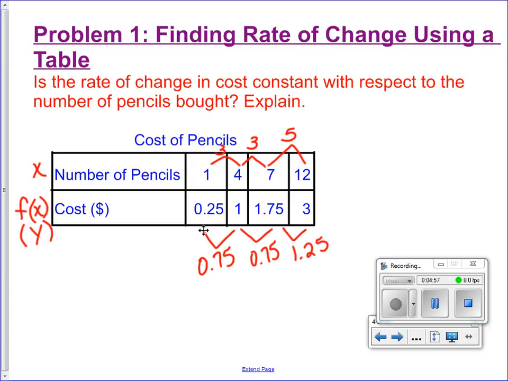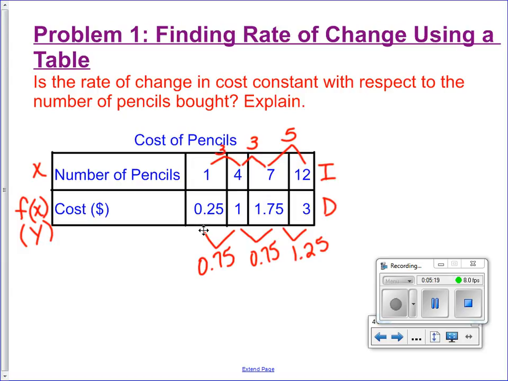And so we want the change in the dependent variable over the change in our independent variable. Well, our independent variable is the number of pencils, and our dependent variable is the cost. So we want dependent on top.